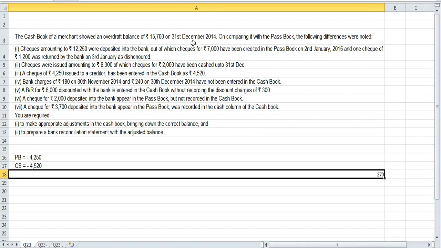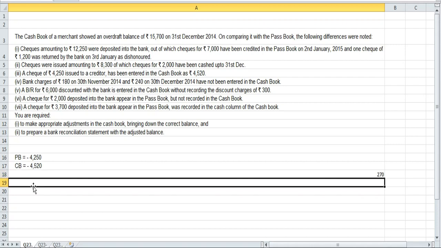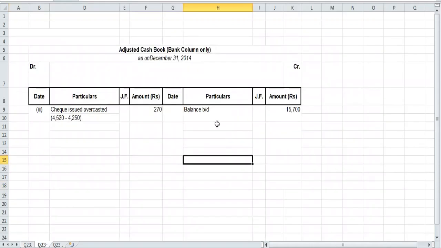This is December. So this is previous month not entered, and this particular month December also not entered. Okay, so bank charges is not entered in the cash book. So what is bank charges? It is payment. So automatically the payment will come on this side.